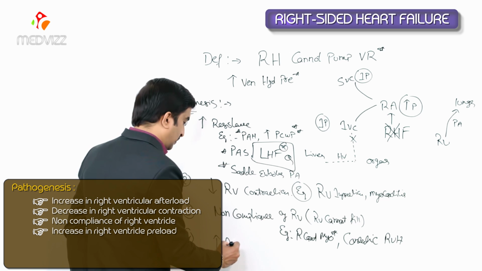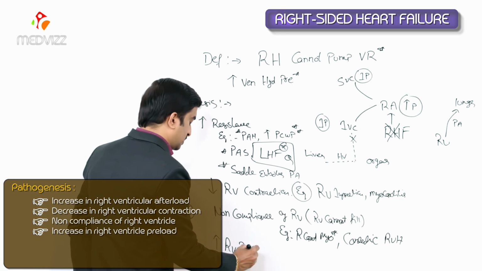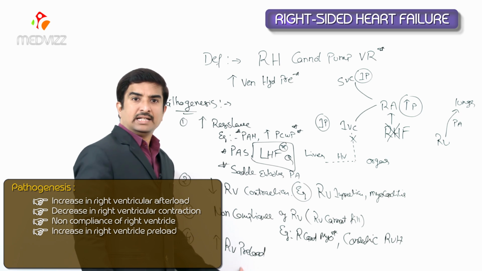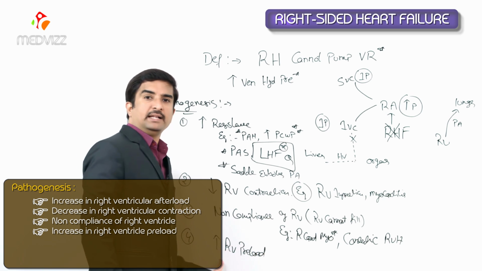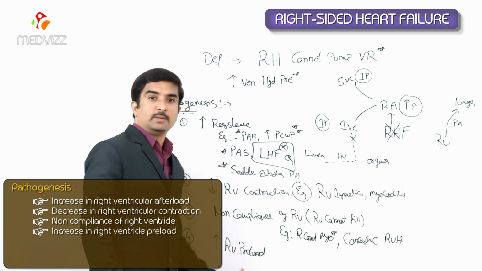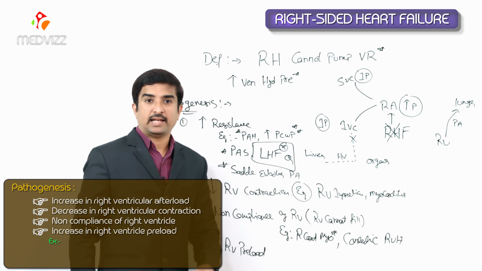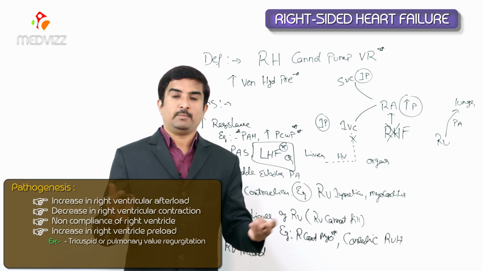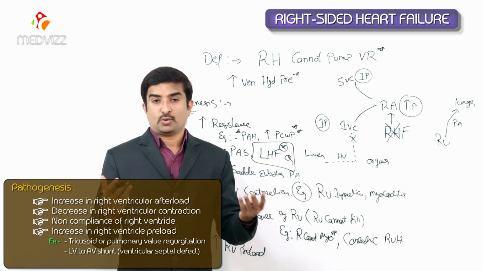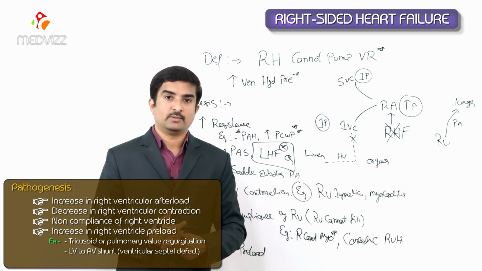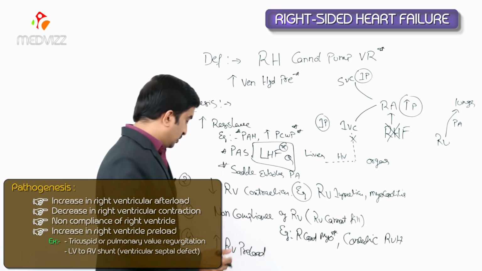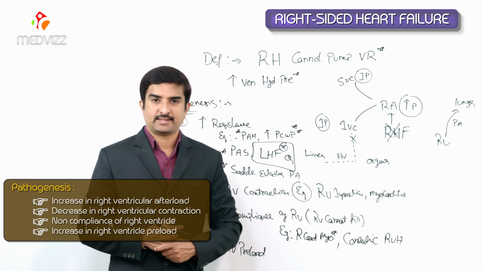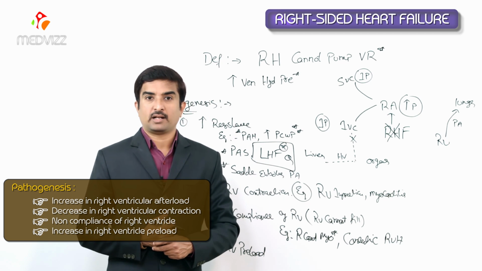Examples are regurgitation of the valves, or left to right shunts, like ventricular septal defect. So these are the four mechanisms which explain the pathogenesis of right ventricular failure.